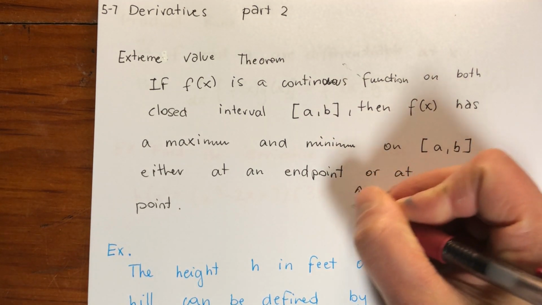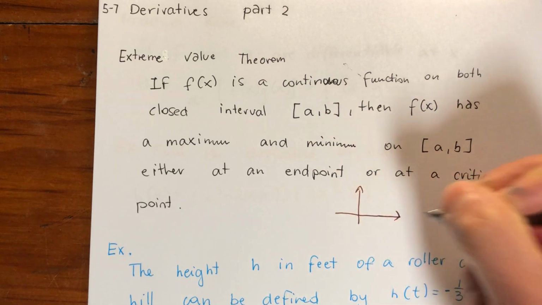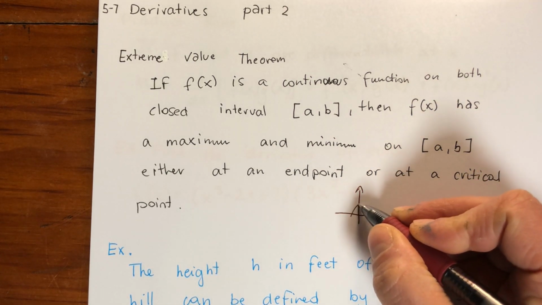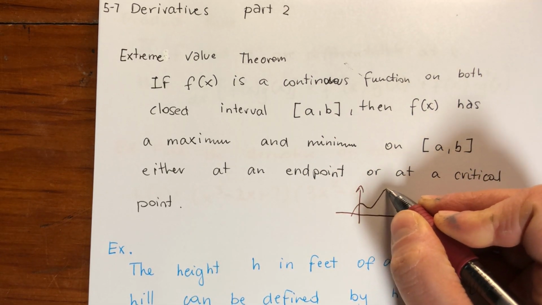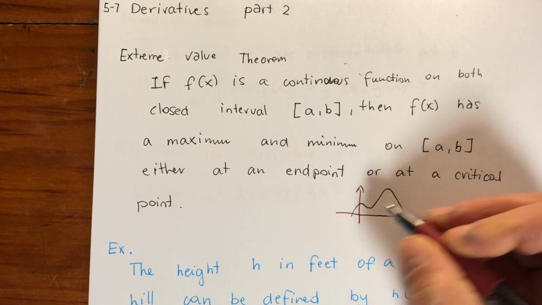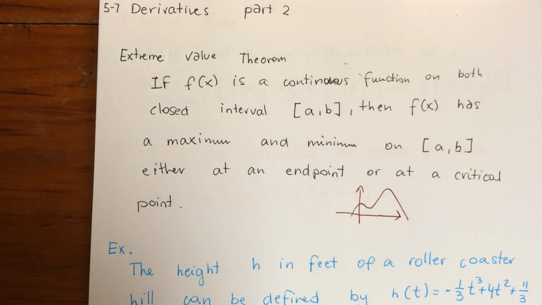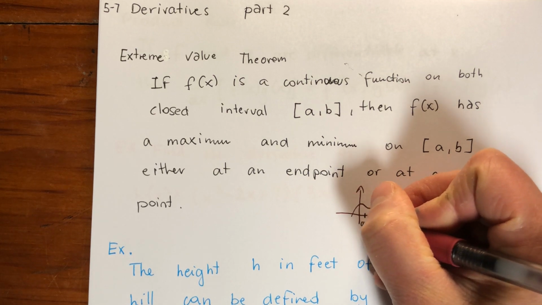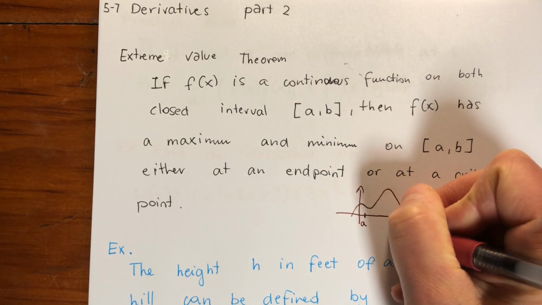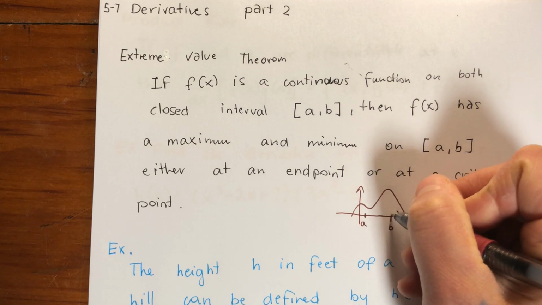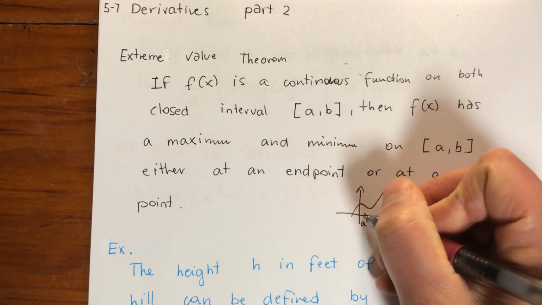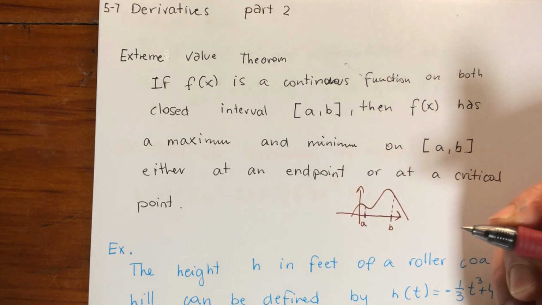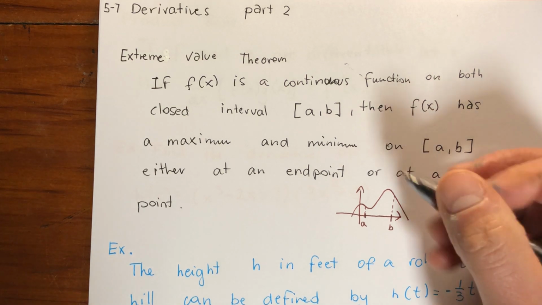But if you think about an example, if I just graph some random function and notice it is continuous, you can graph it however you want. Let's say I put the endpoint A here and B here. Basically what I am saying is that between those A and B points, there is going to be both the minimum and the maximum.